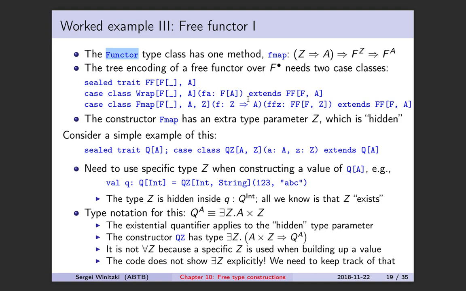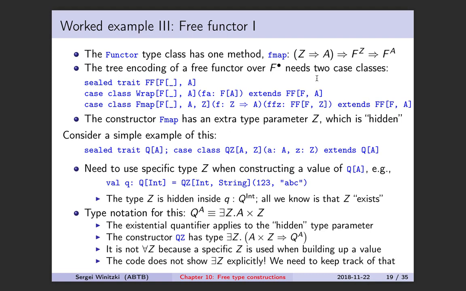So keep in mind that free semigroup, free monoid, or free functor are basically applications of the same construction to different type classes. In order to construct a free functor, the first question we need to ask is what methods this type class requires. So there's one method. Let's look at this method.